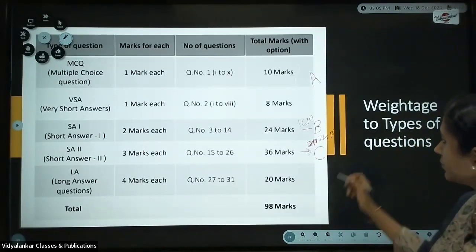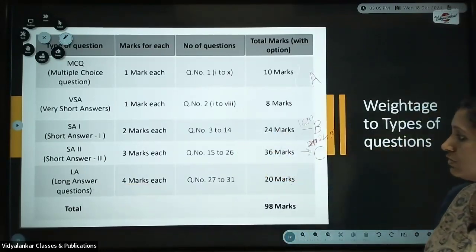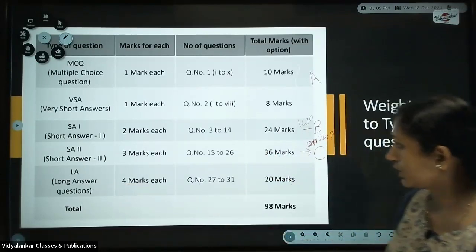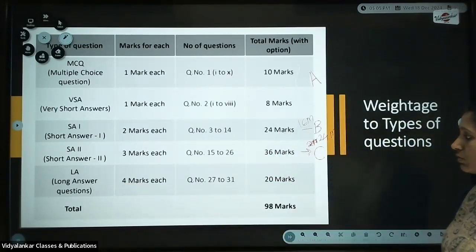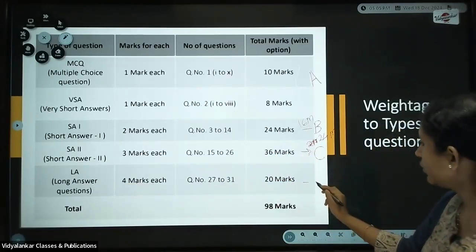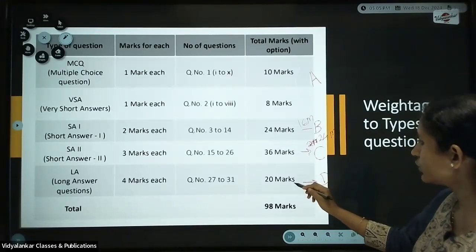Then it is section D, long answer questions. Each question is for 4 marks. It starts with question number 27 and ends with question number 31. So overall 5 questions are there, each for 4 marks, as we said. They belong to section D, from which you are expected to give your attempt for 3 questions.